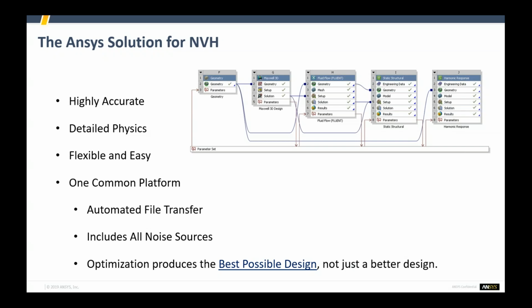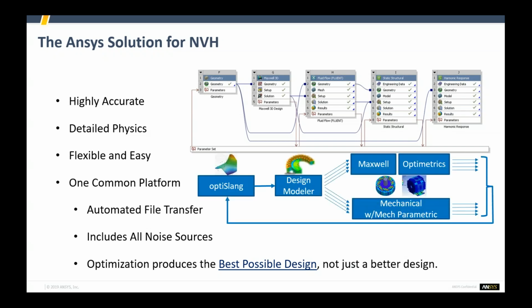It can include all noise sources, and you can also do an optimization on the best possible design, not just a better design, but the best possible design. So yep, that would be some of the advantages in summary.